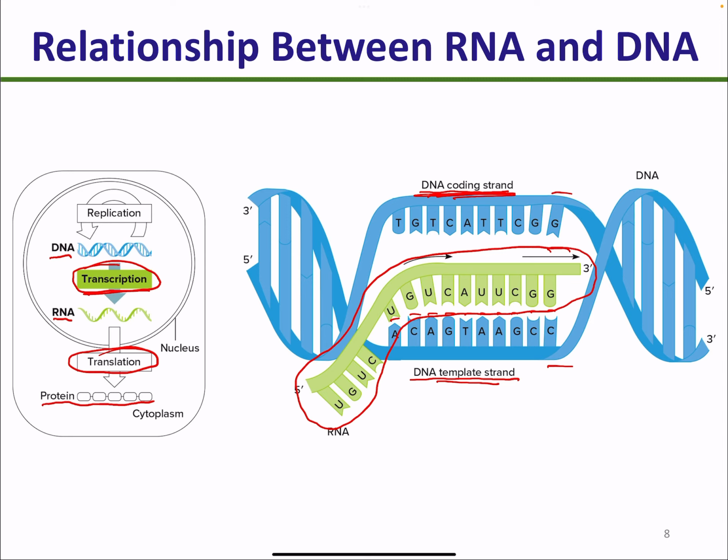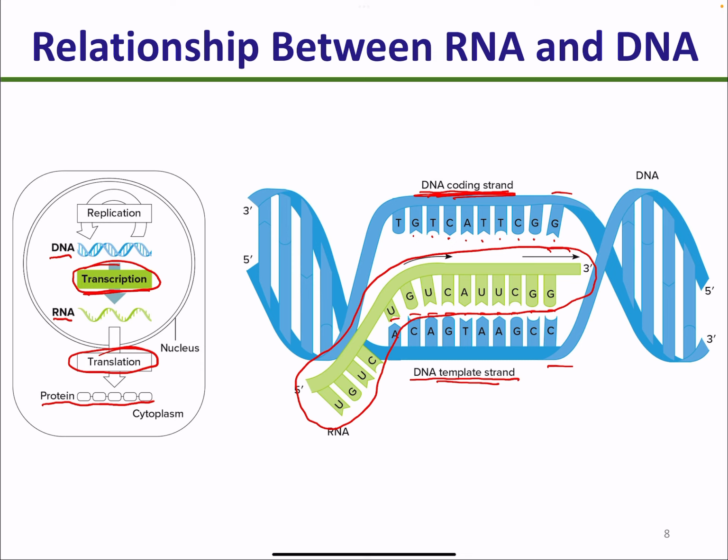For instance, if we look at the sequence here, T, G, T, C, A, T, T, C, G, G. Now, remember that T is for thymine in DNA, but we need to synthesize an RNA molecule.